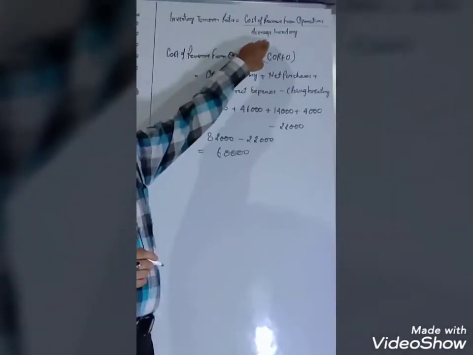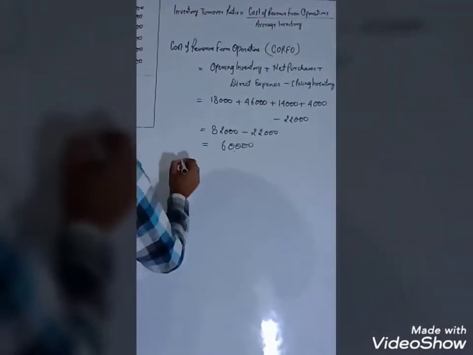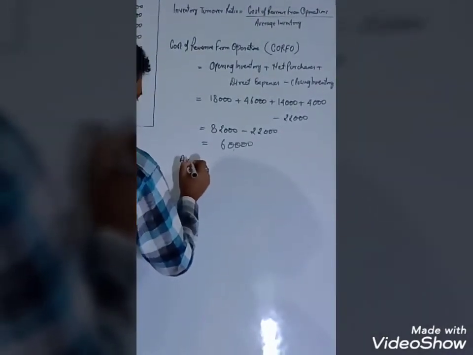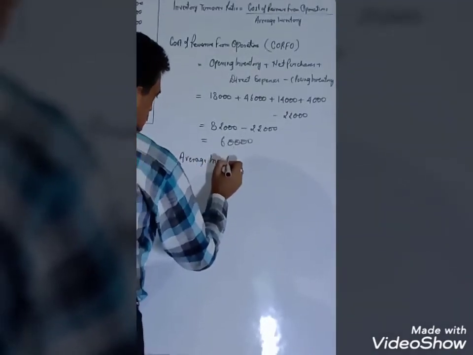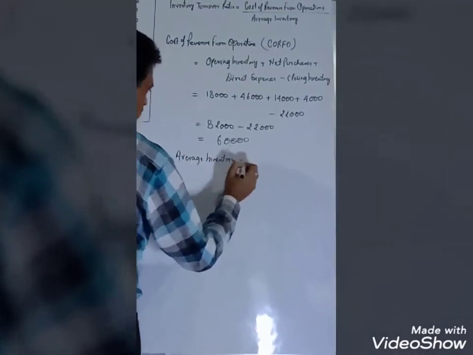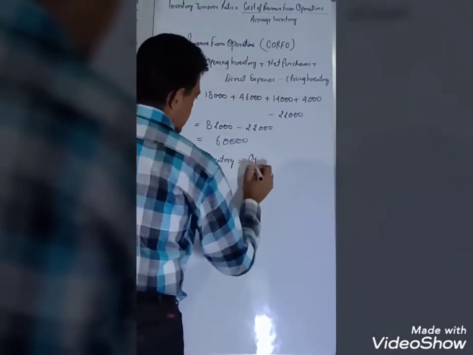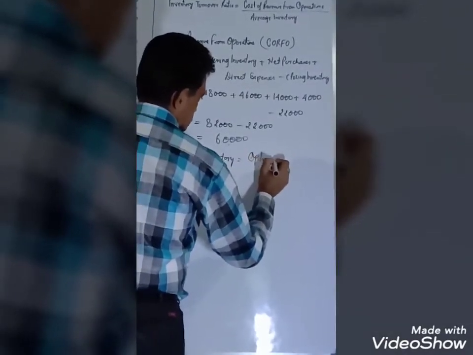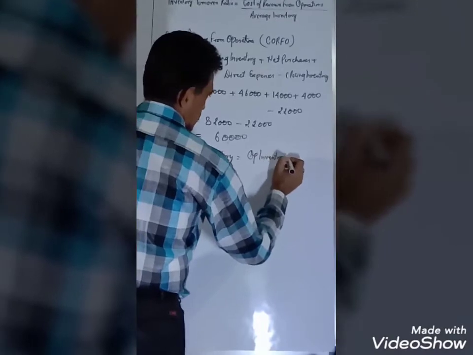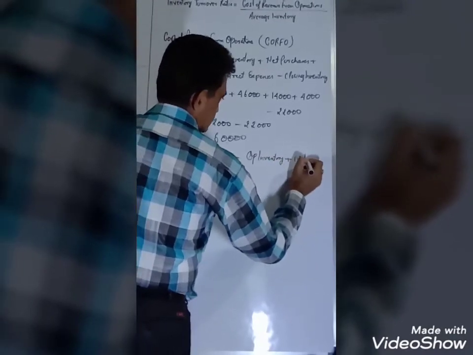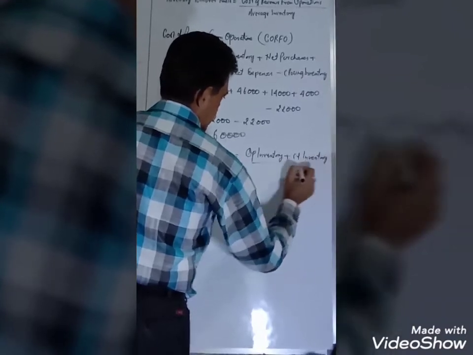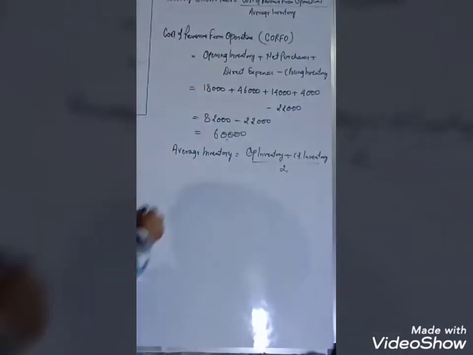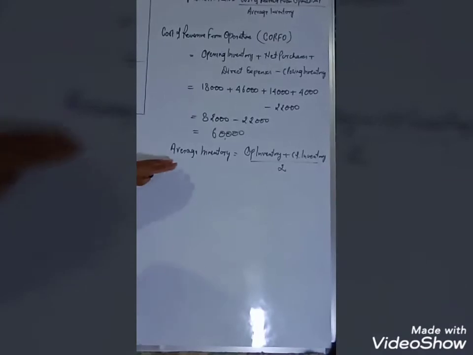Next we have to calculate average inventory. For that, opening inventory plus closing inventory divided by 2. This is the formula for the calculation of average inventory.